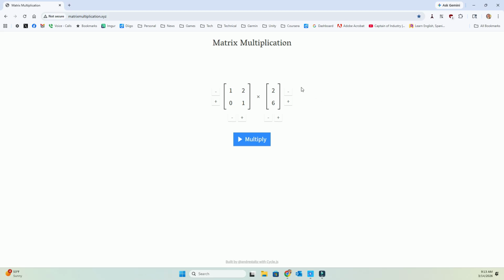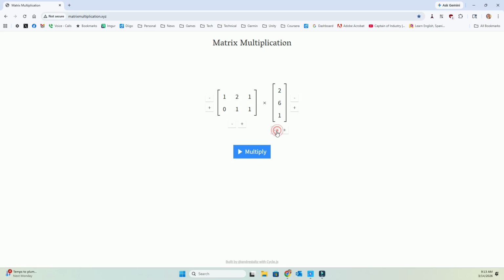Multiplication requires that the matrix on the right has to be equal in height to the width of the matrix on the left. And so this has to be 2 here.